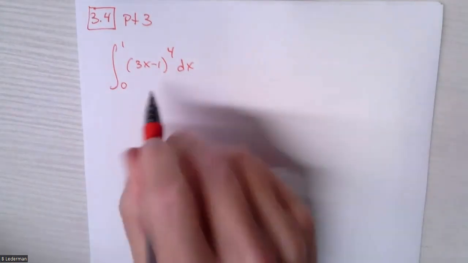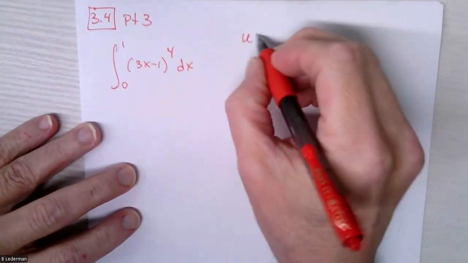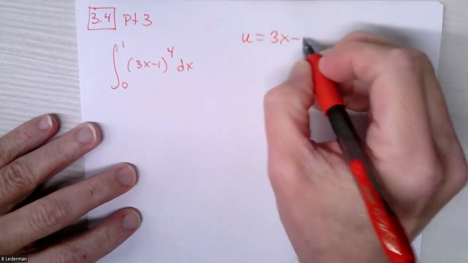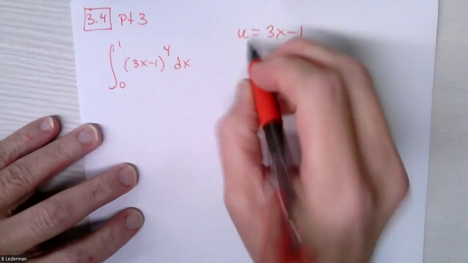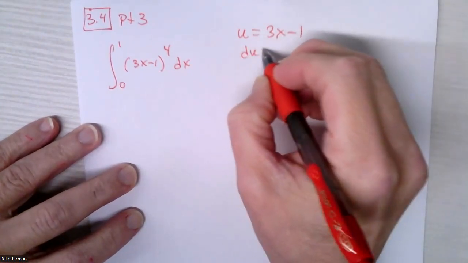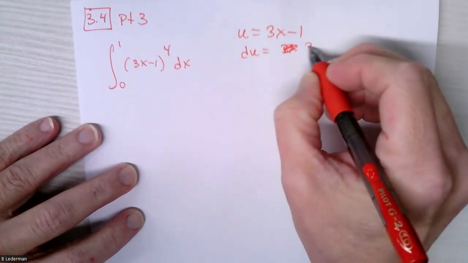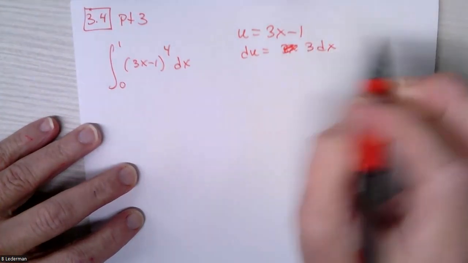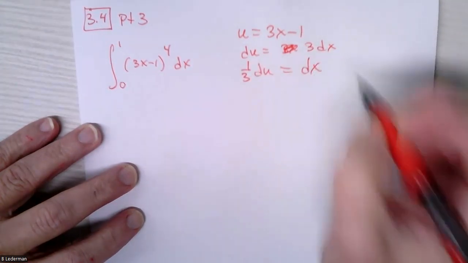I'm going to let u equal 3x minus 1. du is equal to 3 dx, which means 1/3 du equals dx.